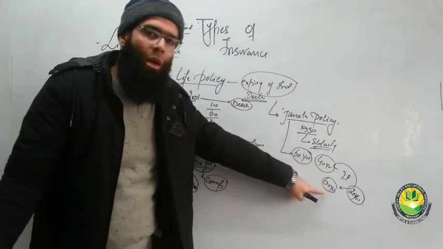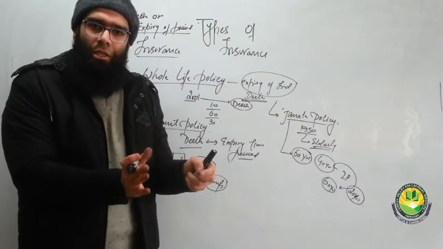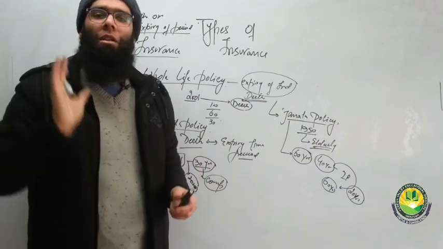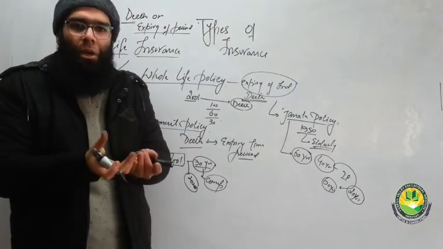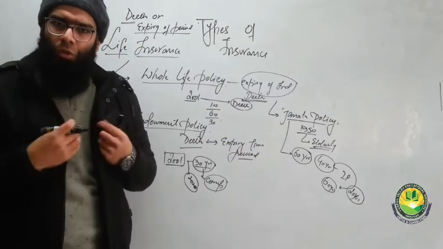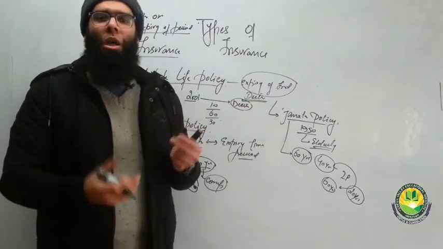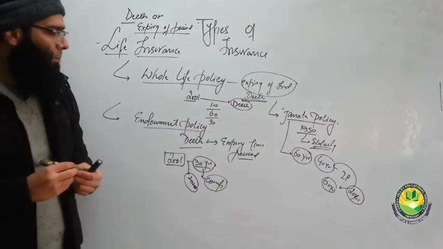But if he lives up to 60 years, the policy will mature and he will receive it. It is created like a protection for that person after he has crossed 60. Maybe he has retired now, he has no source of income. So this insurable amount shall become a source of living for this particular person.